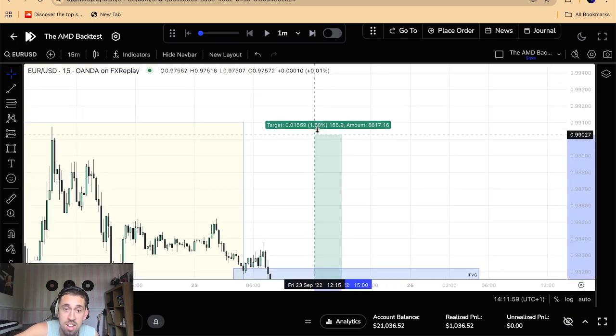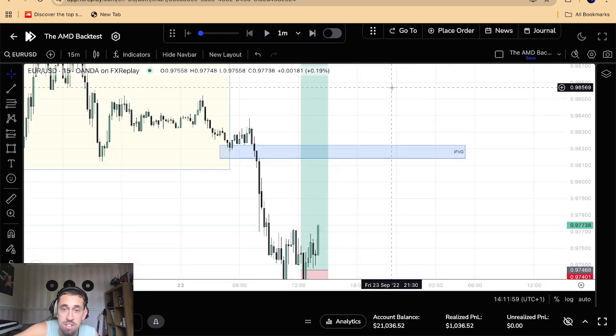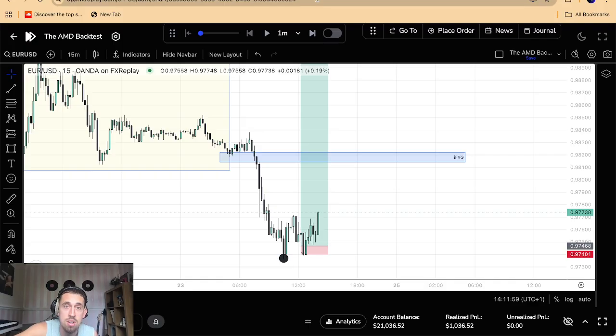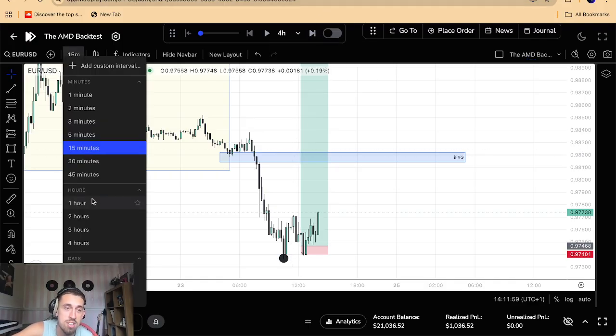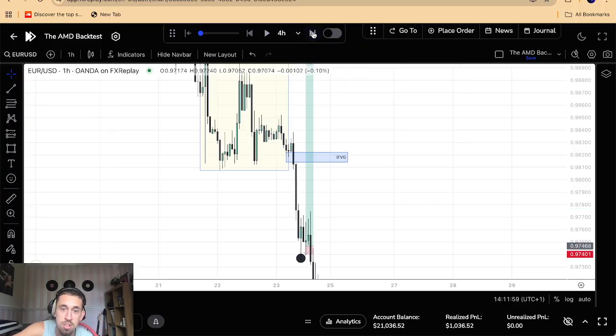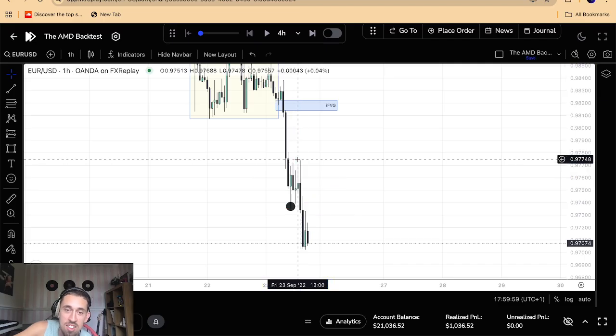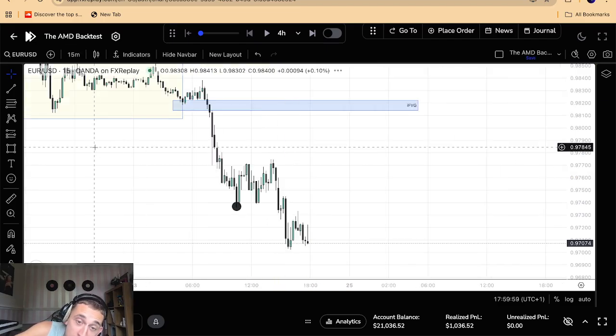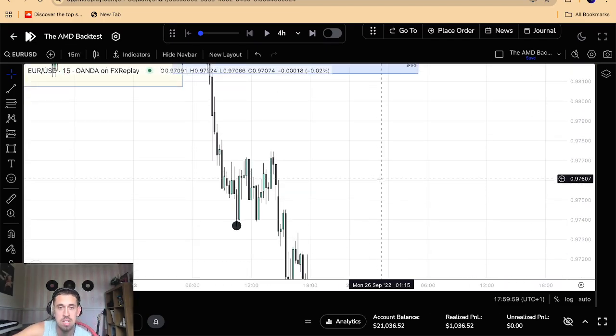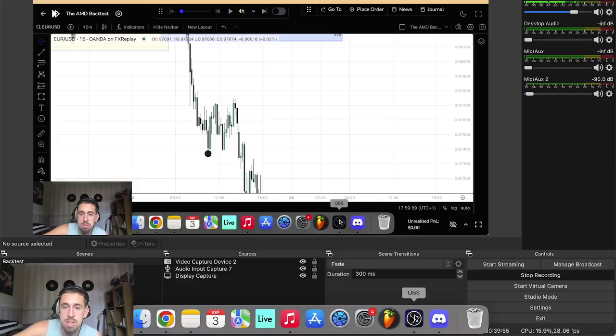Not even gonna lie, I genuinely think that that could go that far. I'm gonna see. This would be a crazy end to a backtesting session if I catch a 24-to-1 trade. Oh, okay, shit. Never mind. Alright, cool. So I didn't catch the bottom, but yeah, that's how we do it. That is how we do it.